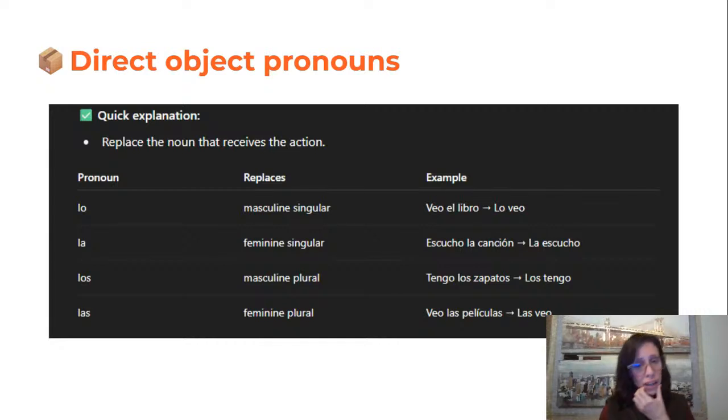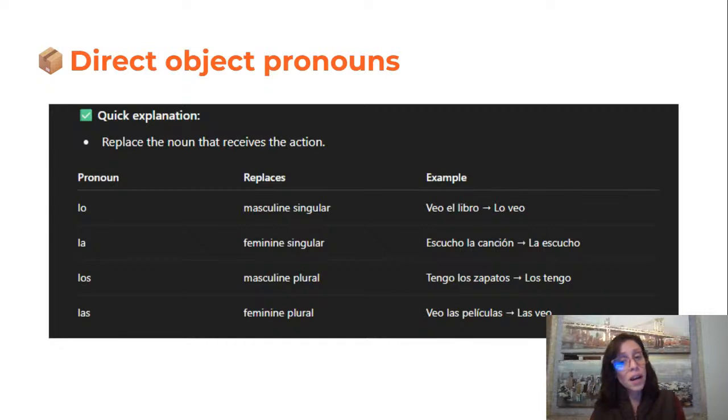La followed by a verb is the direct object pronoun, "it", but for feminine. For example, la canción. In this phrase, la canción, la works as an article, the song.